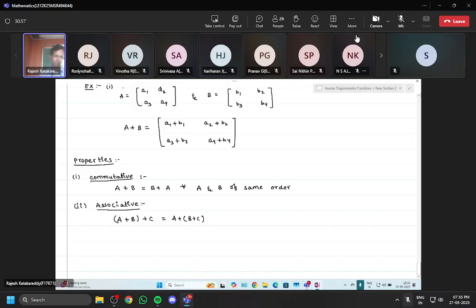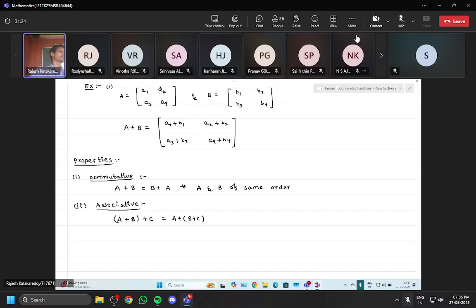Tell me guys, what do you know about the identity element for addition of two real numbers? Let's say I am talking about addition on natural numbers. Do you think an identity element exists in that case? When we are talking about the set of natural numbers, there is no identity element for addition.